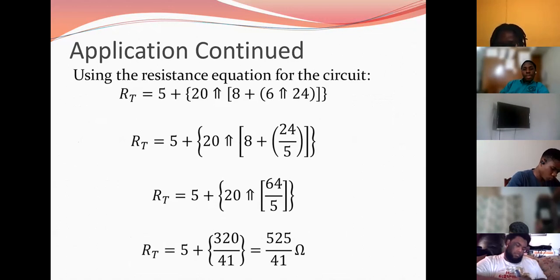So RT works out to 525/41. And don't be overly concerned with the fractions. As I said, use the decimal, just ensure that you do not round off too early.